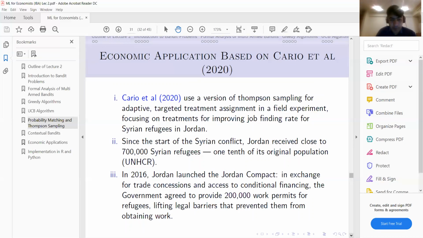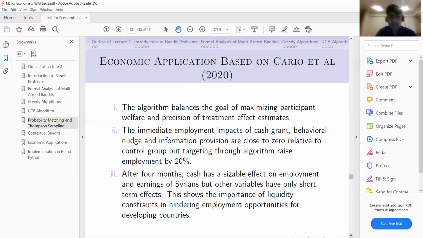But despite this, the unemployment rate is quite high among the Syrian refugees, and also among low-income Jordanian indigenous people. So their paper has a twofold objective.